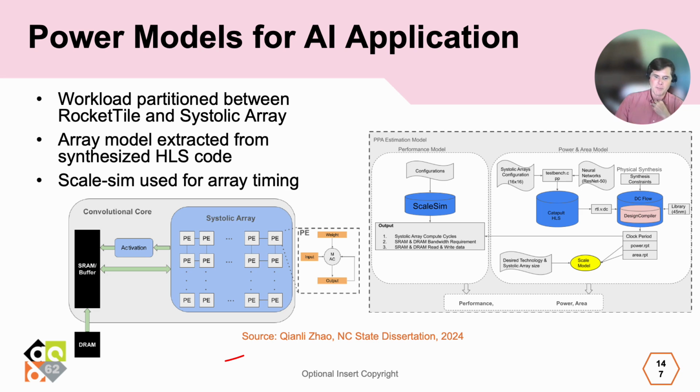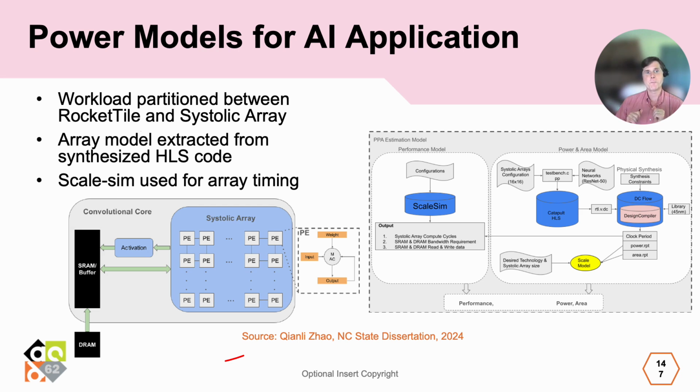So he did that by taking high-level synthesis code for different sizes of arrays, synthesizing them, and then looking at trends for how the array size affected things, and extrapolating those to figure out how much energy was going to be consumed for other sizes.